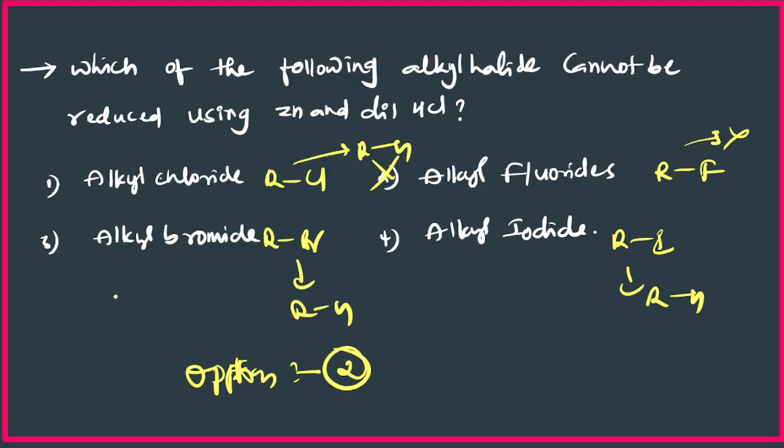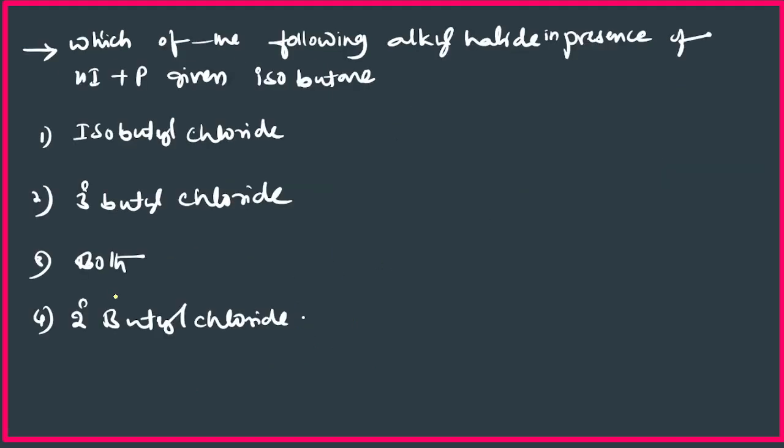Have a look at the next question. Which of the following alkyl halides in the presence of HI with phosphorus gives isobutane?